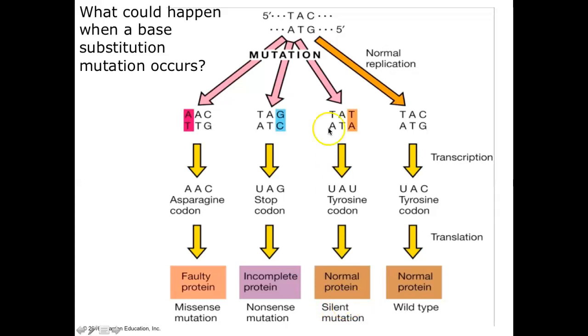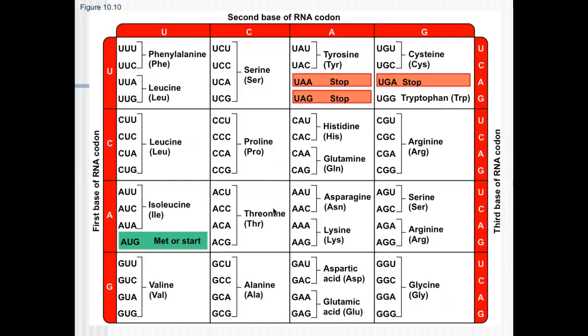You don't know. Let's look at the other category here. Nonsense. Let's start with nonsense since it's the next in a row. We have a mutation occurring, and instead of tyrosine, you get a stop codon. That's strange, right? So remember stop codons. Let's go back. Oops, sorry about that.